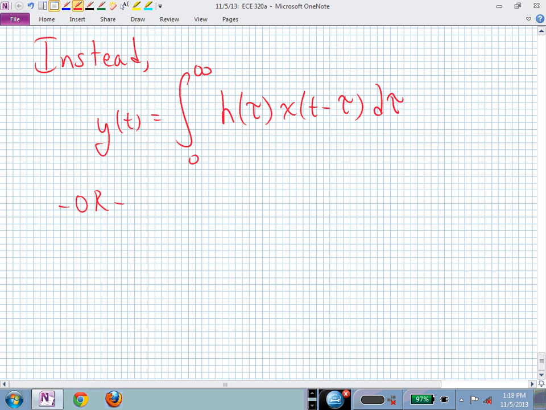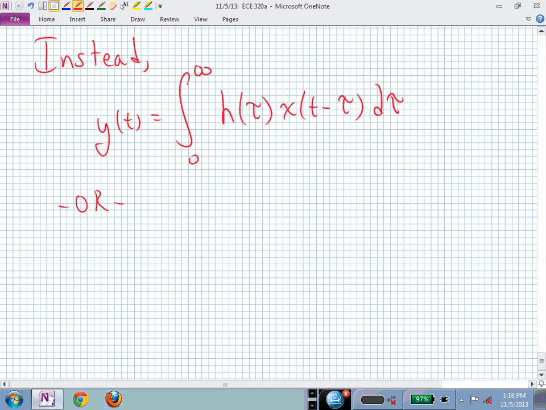If we were just given x as a function of time, now our argument in x is flipped and slid, meaning our time would be tau, but it's now a negative tau, so it's flipped. And t, we want to evaluate for all time from minus infinity to plus infinity. t is what we will slide. x of t minus tau is now flipped and slid.